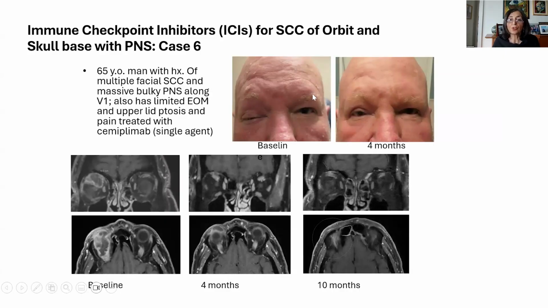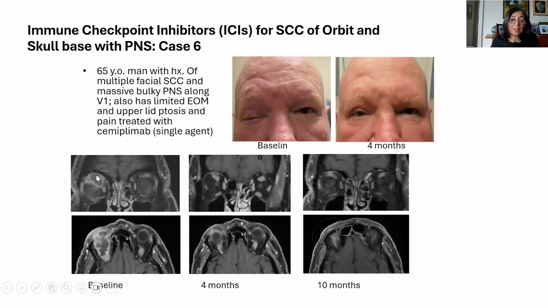In this particular patient shown here, he had multiple skin cancers on his forehead and facial region, and his squamous cell carcinoma had likely gained access to his orbital area through the supraorbital nerve. As you can see on this MRI at presentation, first of all, he has total numbness and paresthesia of his forehead. He also has ptosis and limitation of movement on examination.